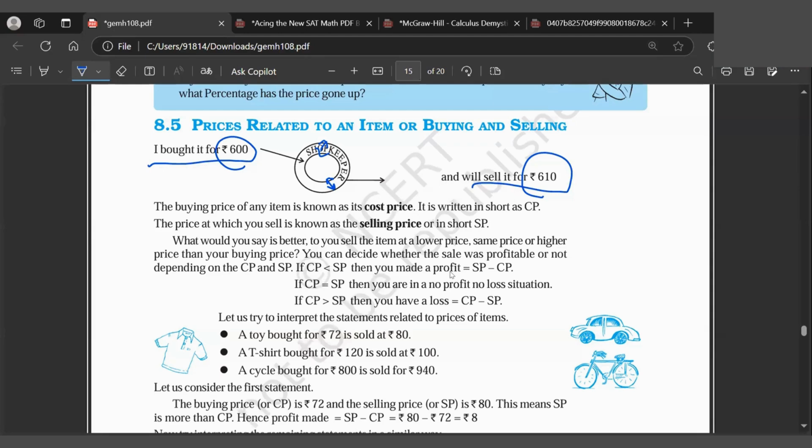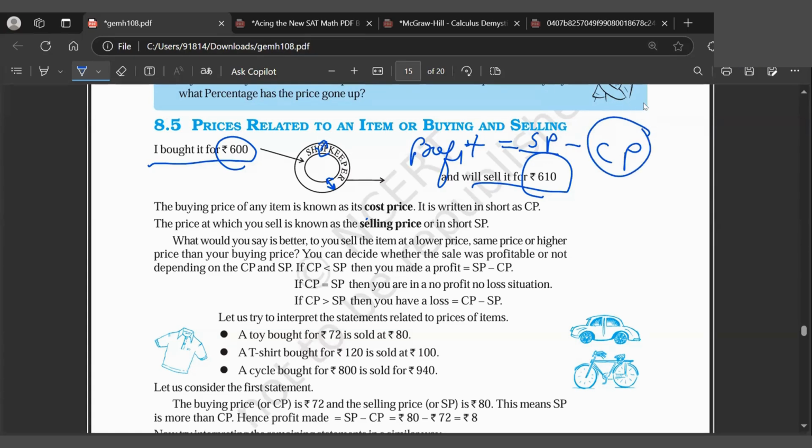Profit is equal to selling price minus cost price. So now, what is selling price? In short, we can write it as SP, and cost price we can write as CP.